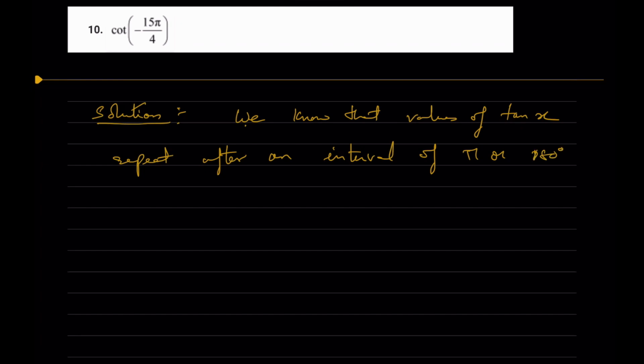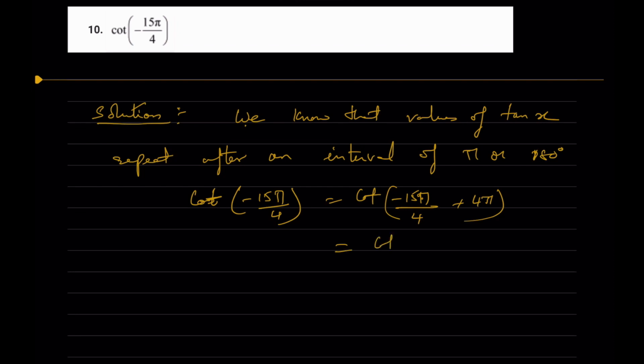So therefore you get that cot of minus 15 pi by 4 can be written as cot of minus 15 pi by 4 plus 4 pi, which is equal to cot of minus 15 pi plus 16 pi by 4. So which is equal to cot of pi by 4, which is equal to 1. That is 45. So therefore the answer over here is equal to 1.